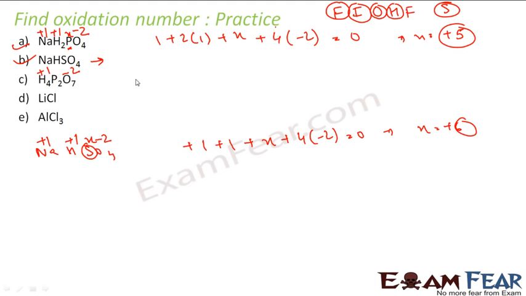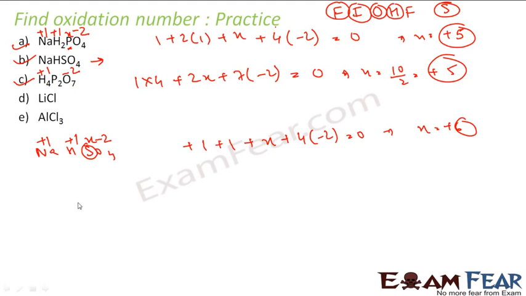So this becomes 1 into 4 for hydrogen plus 2 into X for 2 phosphorus plus 7 into -2 for 7 oxygen. Total has to be 0. You solve this, you get X as 10 by 2, that is +5. So phosphorus oxidation state in this compound is +5.